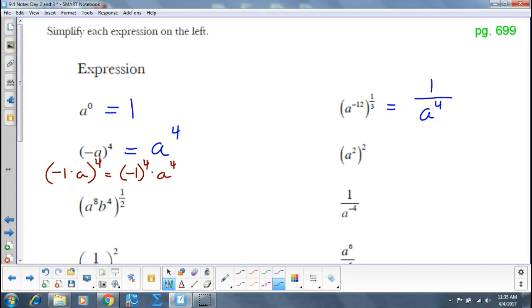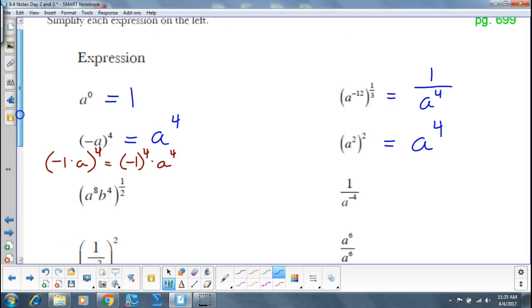Or, the other way of thinking about it, you can just do negative a times negative a is positive a squared, times negative a is negative a cubed, times negative a is positive a to the 4th. Okay? A squared squared. A to the 4th. Questions on those two?